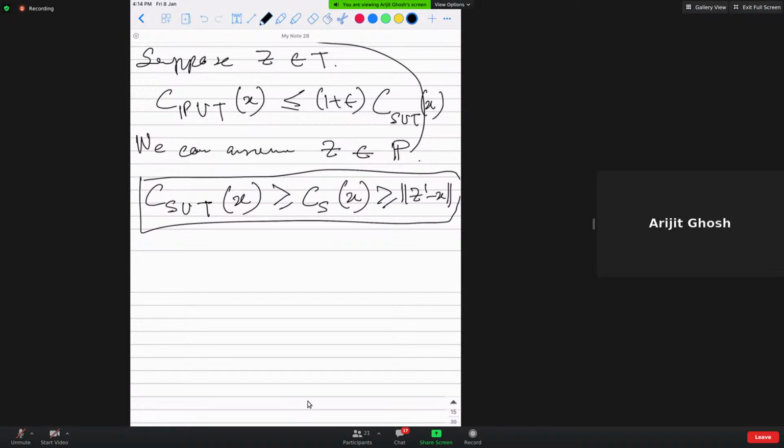Okay, so let's look at this equation closely.